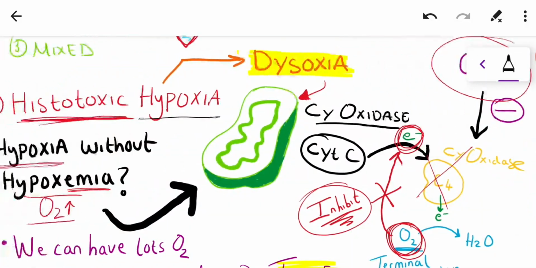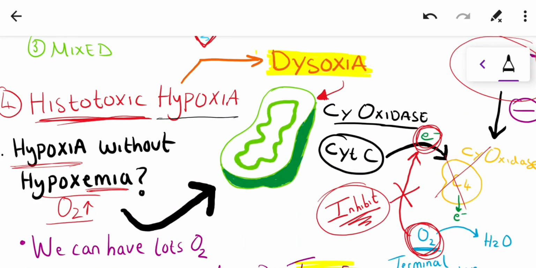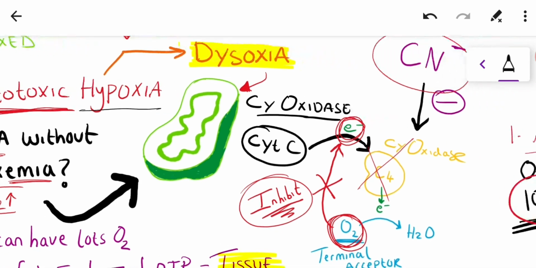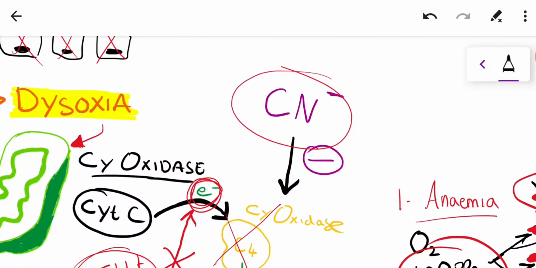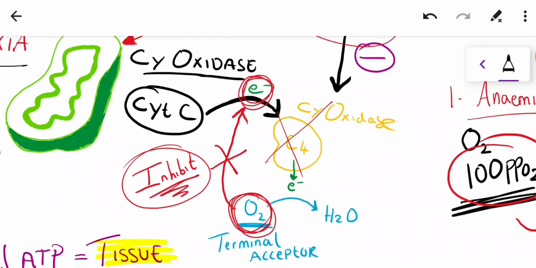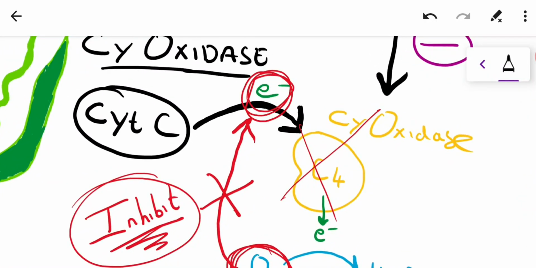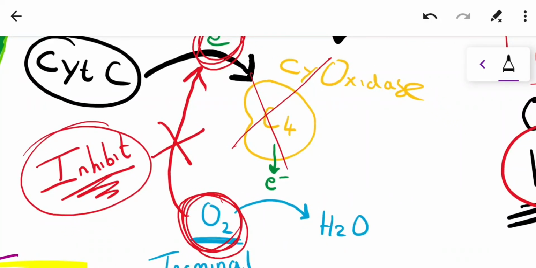Alright, what's going on? Why is there toxicity that's causing hypoxia in the tissues? Cyanide. Think of cyanide. So when we think of the electron transport chain, we think of electrons being passed down the chain. What a brilliant name to call this process, electron transport chain. So we are carrying our electrons down the chain, and what happens?